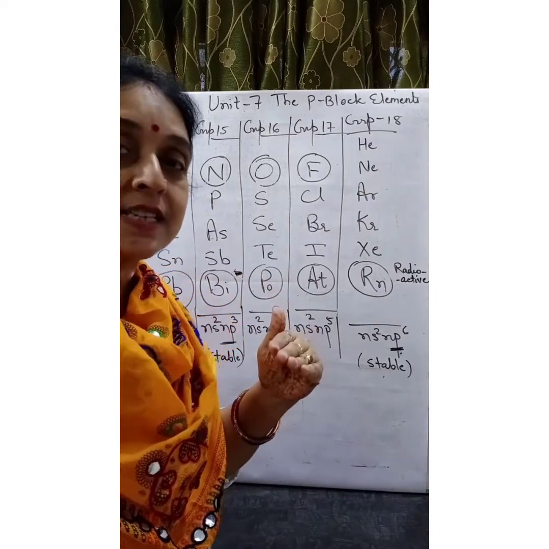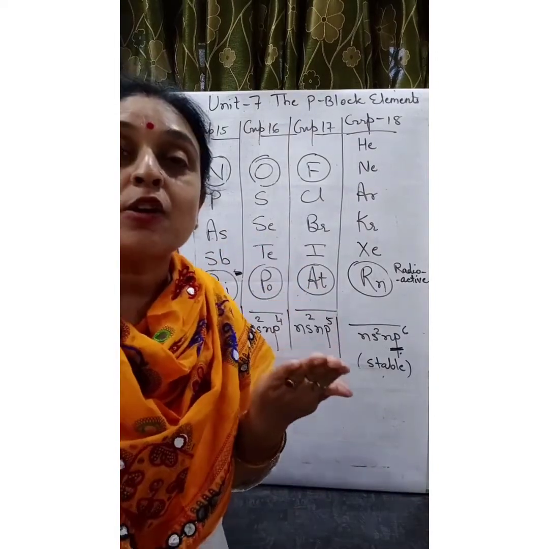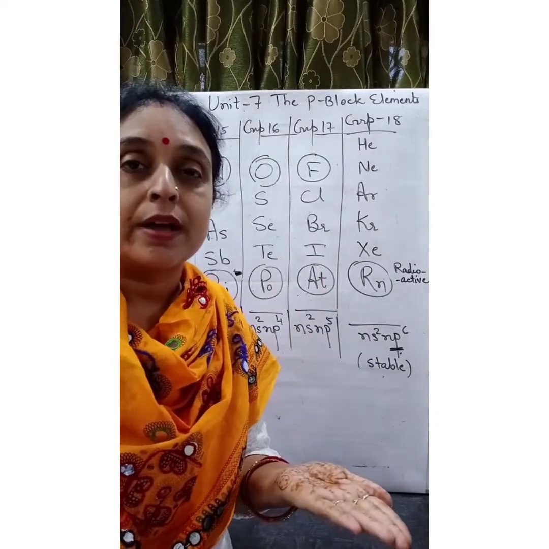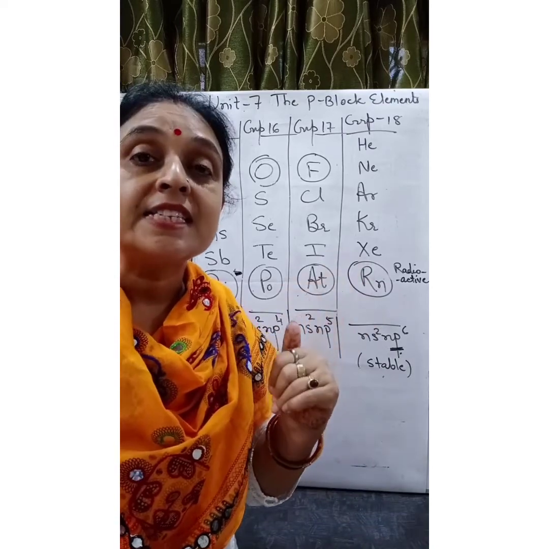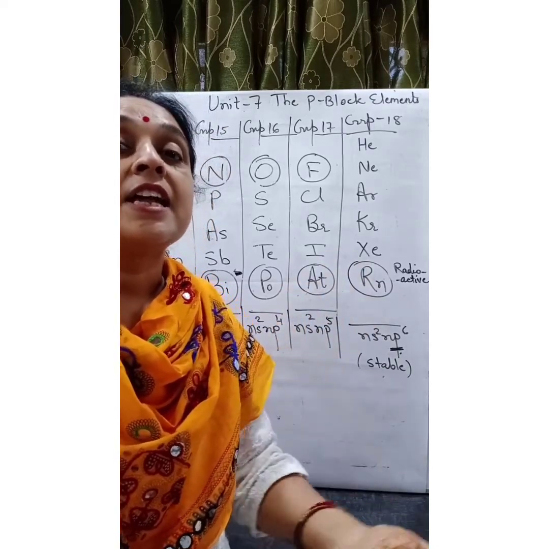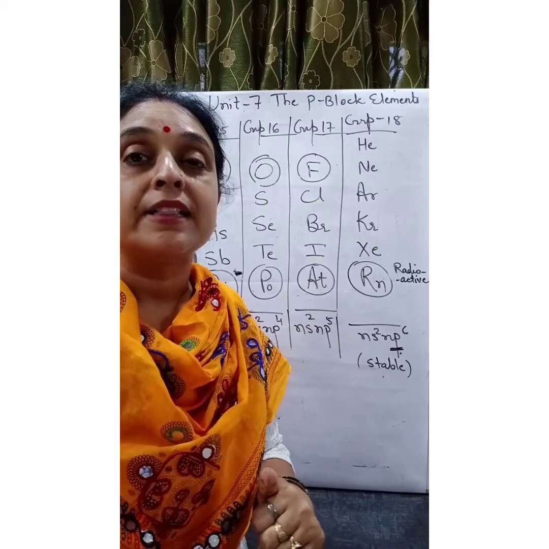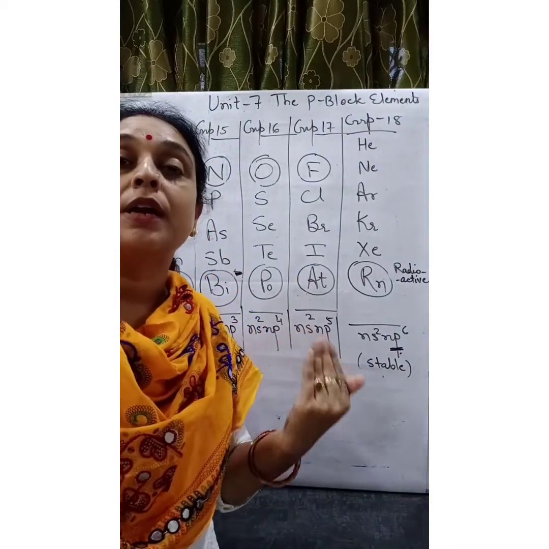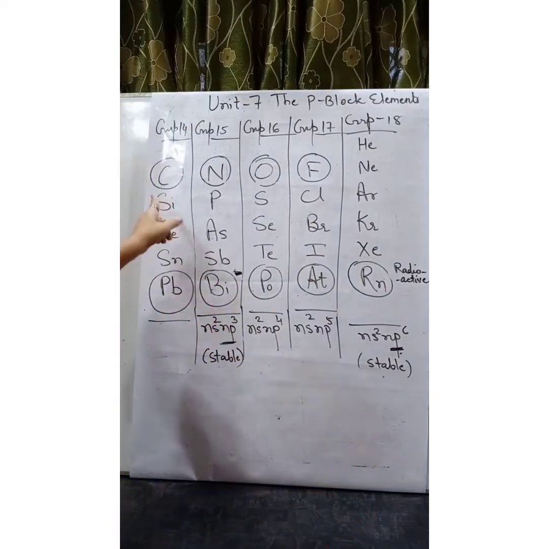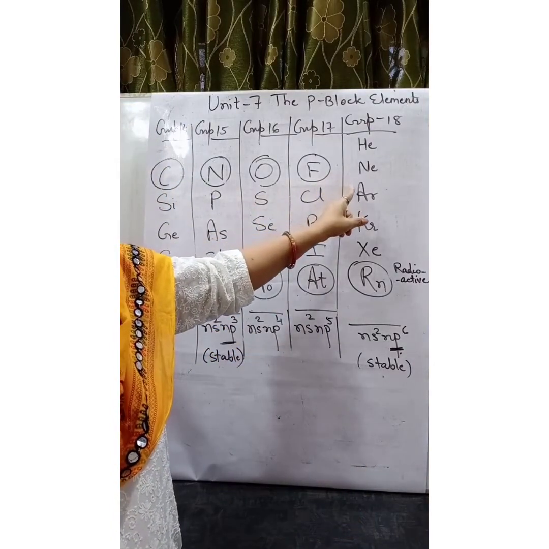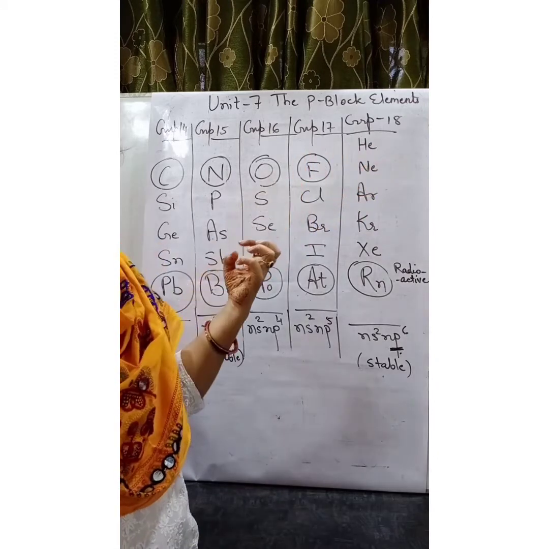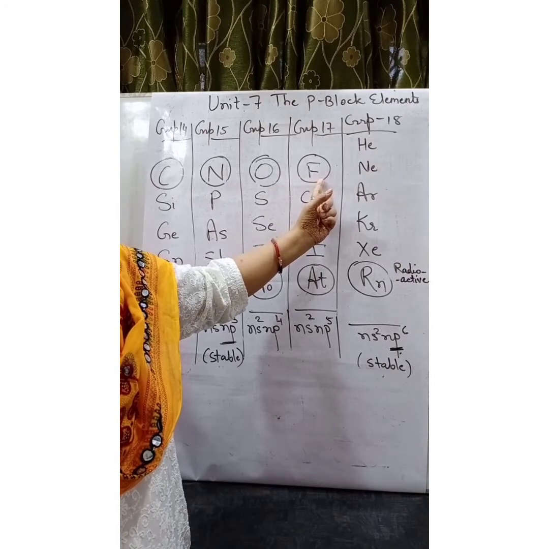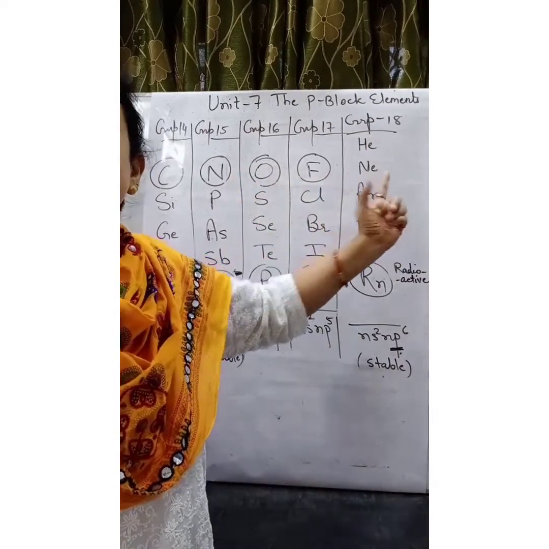How do we define this electron gain enthalpy? The amount of energy required or released when an electron is attracted by the nucleus is called electron gain enthalpy or electron affinity. So when we are moving from left to right, the electron is readily attracted, so the electron gain enthalpy increases in a period.